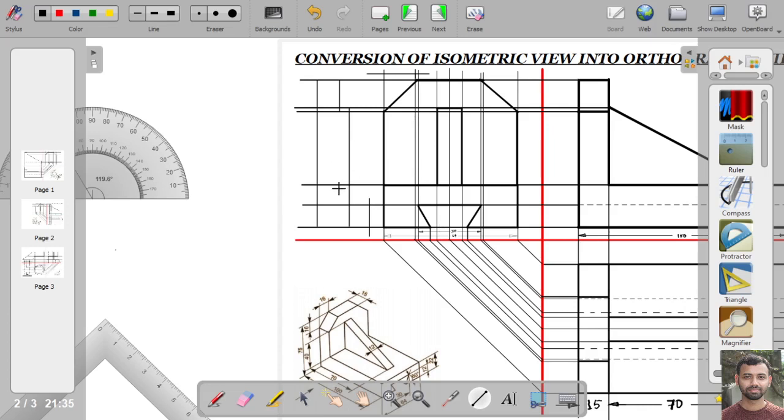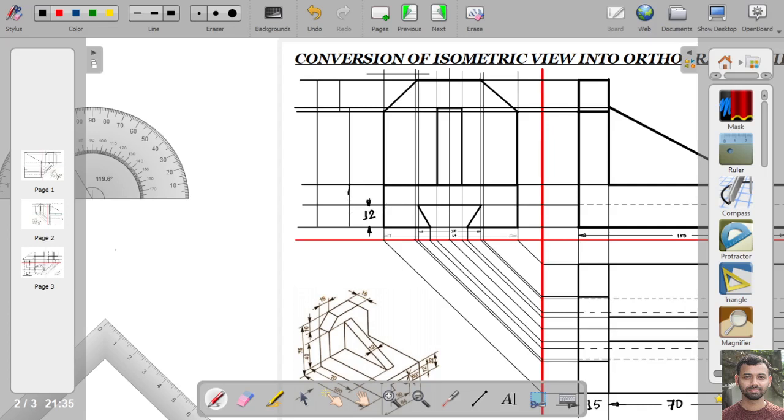Now we will write all these dimensions. So to write the dimensions, it is 12. The dimension is 12. This dimension is 12. Okay, the next dimension is this one.